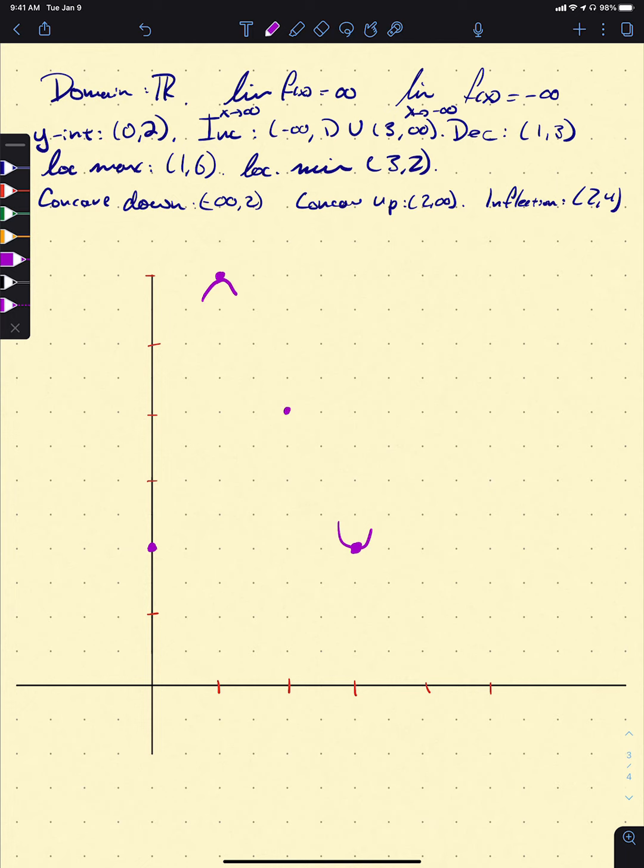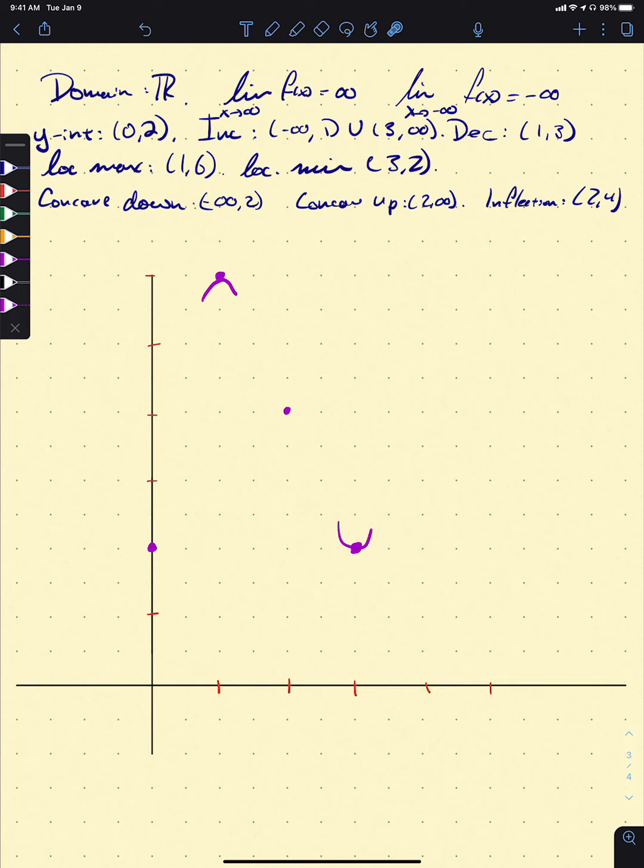Okay. Well, what else do we know? We know that we're increasing here. We know that we're decreasing here. We know that we're increasing here. And we know we're concave down here and concave up here.